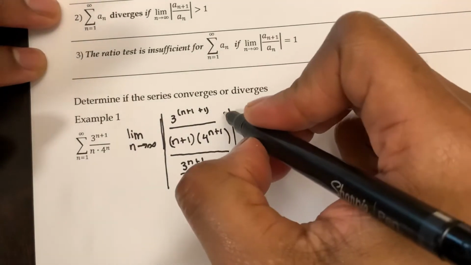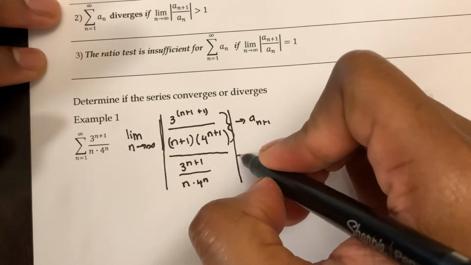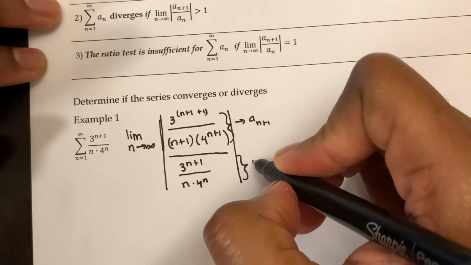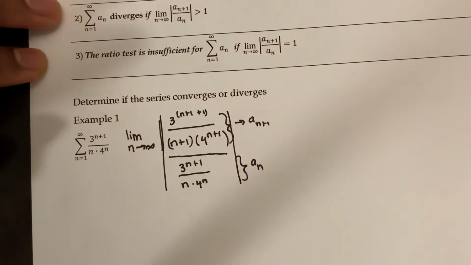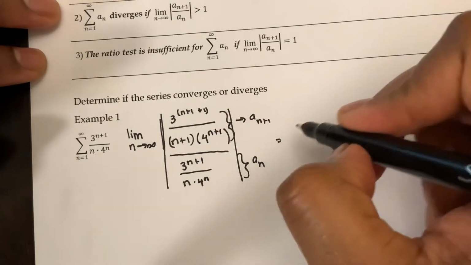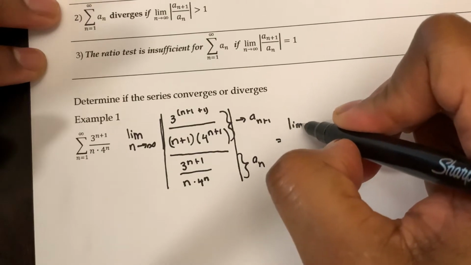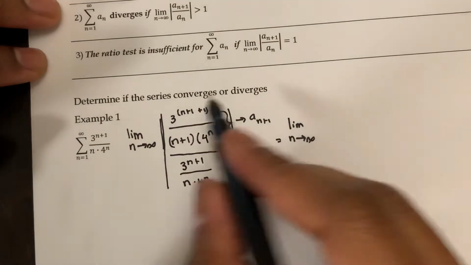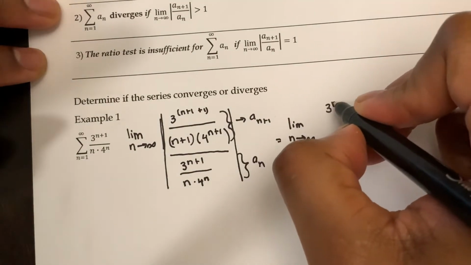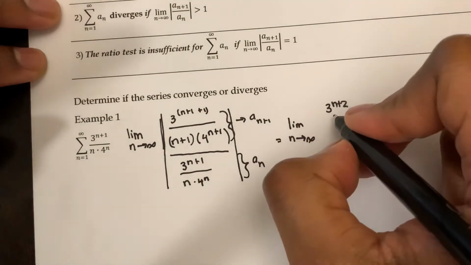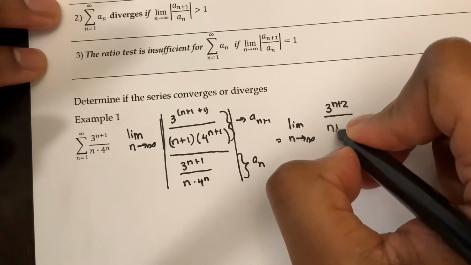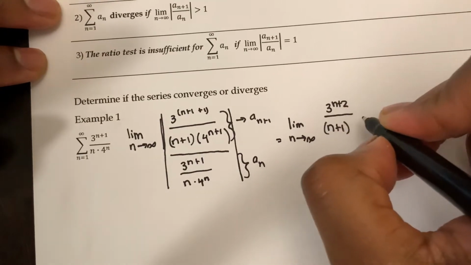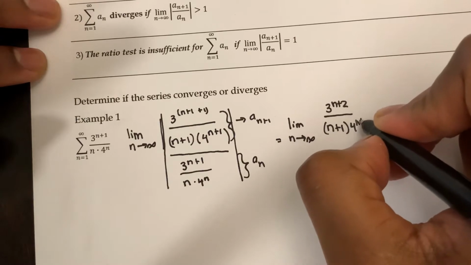Again, we have the n plus first term, and in the denominator we have the a_n term. So if we keep going, keep your limit. We have the limit as n tends to infinity. That would give us 3 to the n plus 2 over n plus 1 times 4 to the n plus 1.